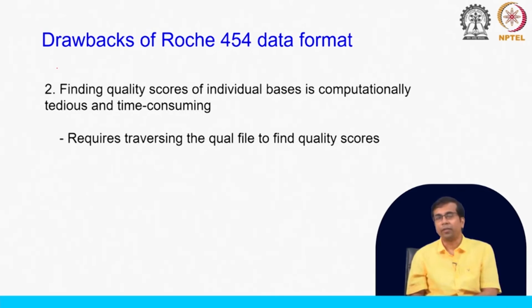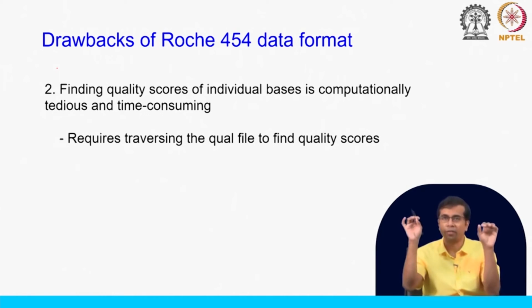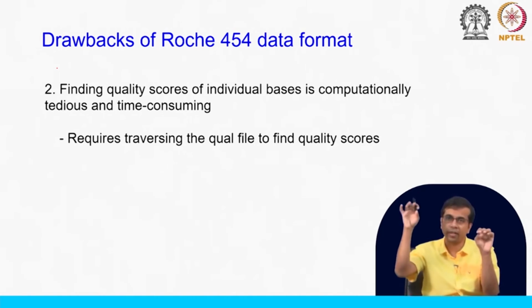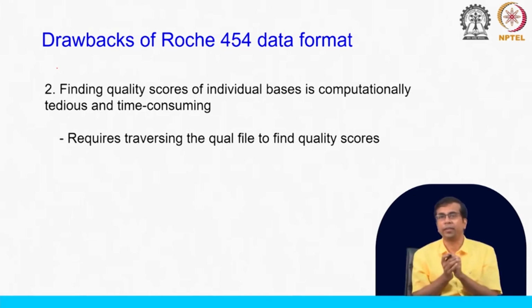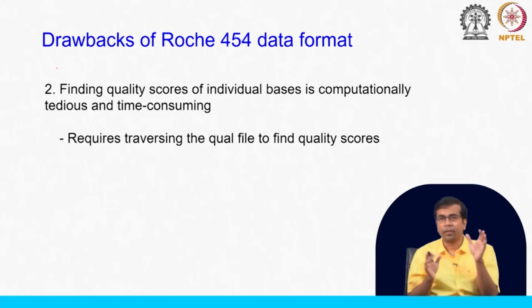The second problem is that finding quality scores of individual bases is computationally time consuming. Why? In this case, you have this read 1 and you have the quality score. You can write a program that says, read 1, find this read and look at the quality score of these bases. Now, this is okay for maybe the first few bases or maybe the first 100, 200, 1000 reads.